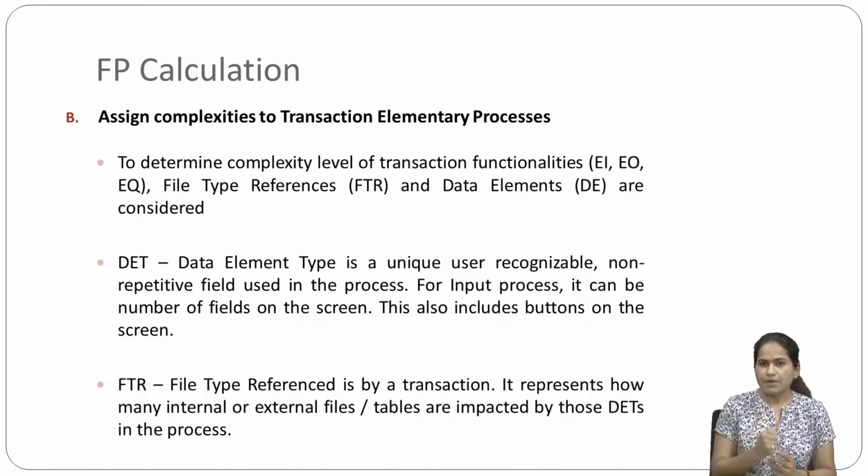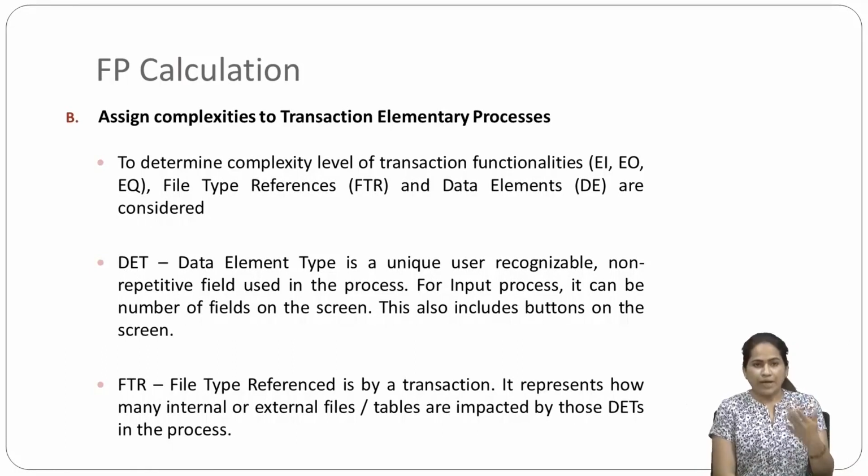Now here we are talking about considering the complexity level of transaction functionalities. So you have to consider this EI, EO, EQ, file type references, FTR, as well as data element types. So we are first understanding how data element types are used for determining the complexity level of transaction functionalities.